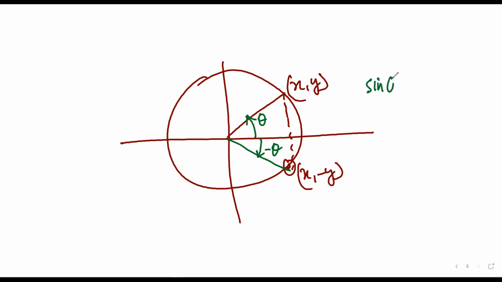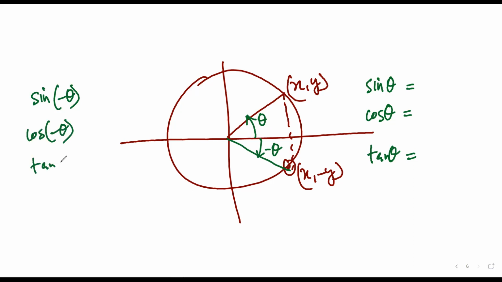So sine theta, cos theta, tan theta, and sine minus theta, cos minus theta, tan minus theta. So sine theta is, let me write this as r, y by r, cos theta is x by r, and tan theta is y by x.